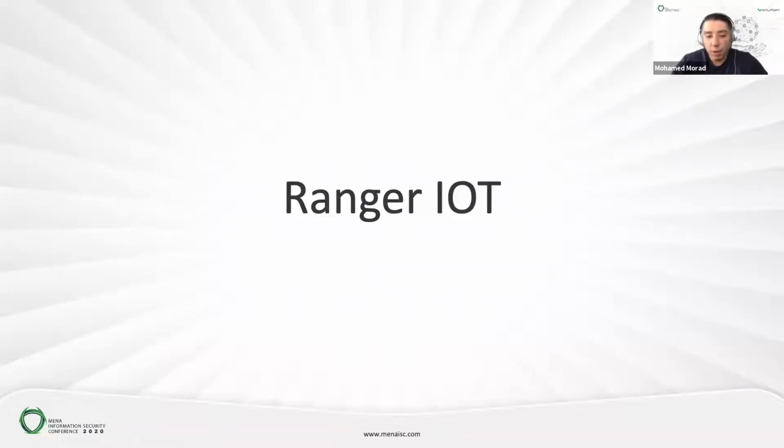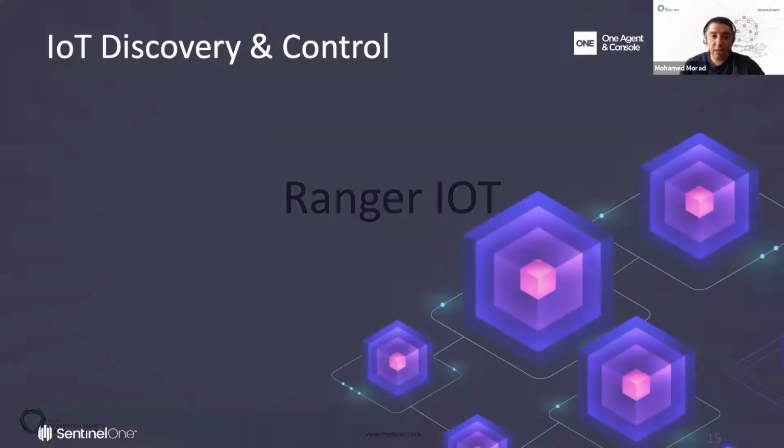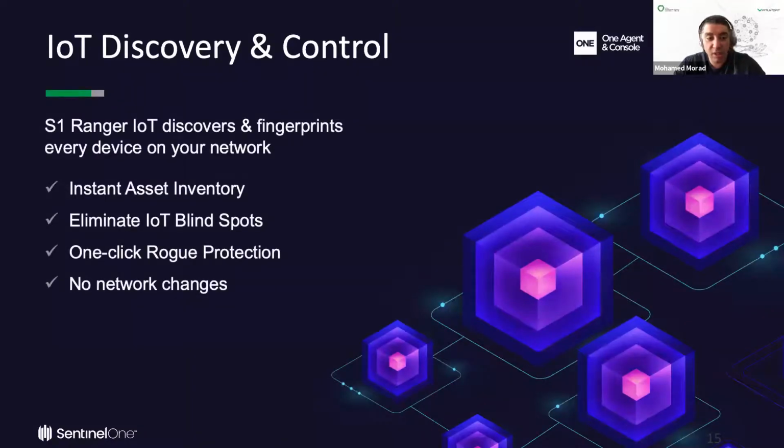Another feature that we are providing in our solution is called Ranger IoT. Ranger is a device discovery, or sorry, network discovery and control. So one of the questions that we usually ask is, do you have a complete knowledge of what is connected to your network?